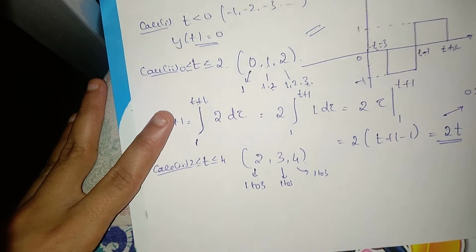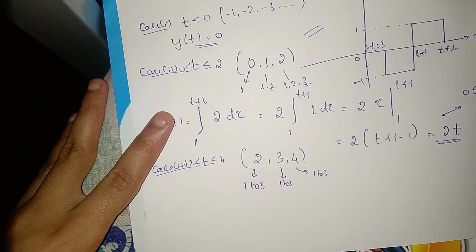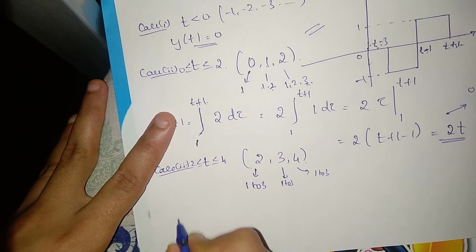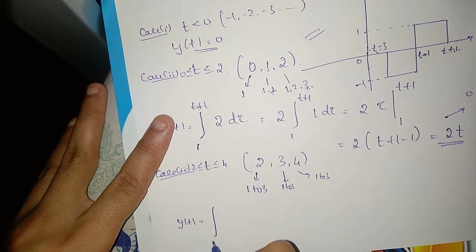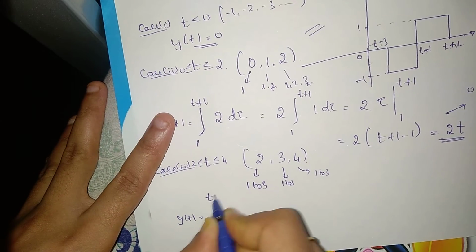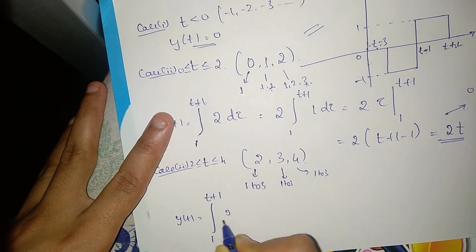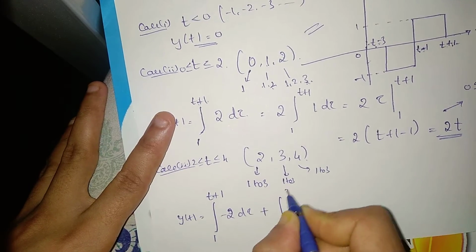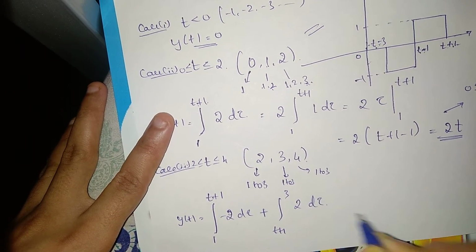But the amplitude changes. The value of the amplitude is minus 2 for some range, plus 2 for some range. So what can we write? This integral is 1 to t plus 1, minus 2 d tau, plus t plus 1 to 3, 2 d tau.